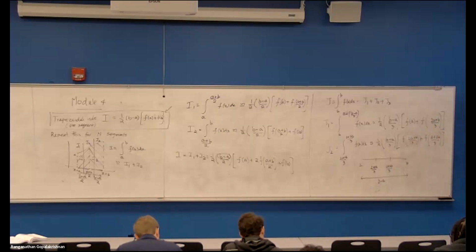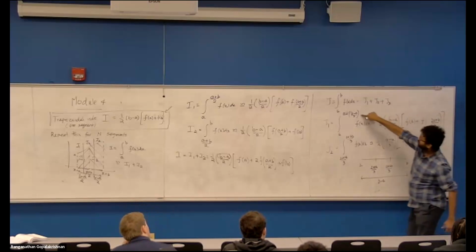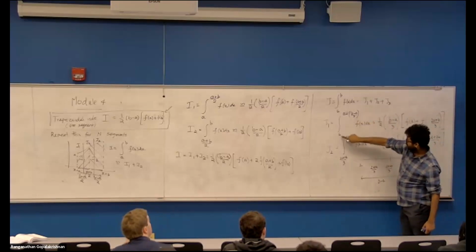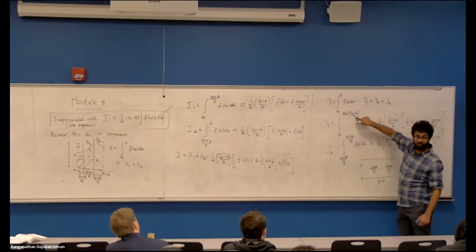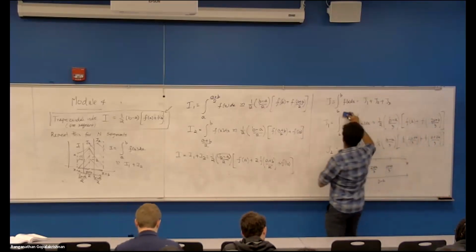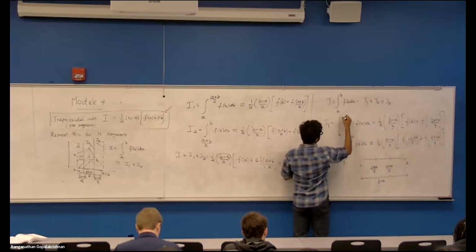On the first equation, J1, why would the top of the interval just be a plus b? You mean this one? I just took the starting point and I added the width of the segment. If you want, I can rewrite this as 2a plus b over 3.